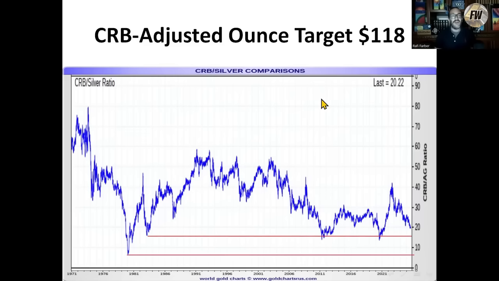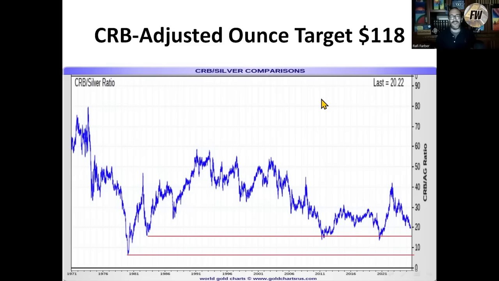The CRB commodity index has been around since the 1970s, I believe, or even earlier. The low for this ratio, the least amount of silver ounces that a CRB commodity basket was worth, was, of course, in 1980 at about 8 ounces.